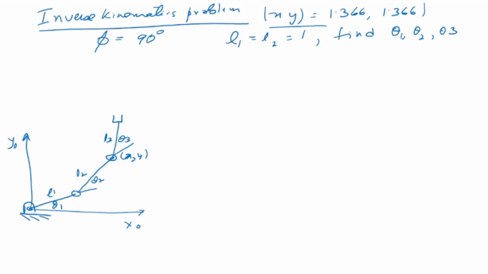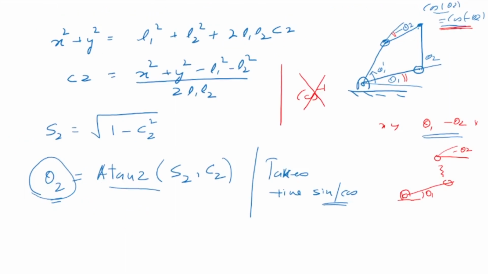As we have solved some time back, please refer to what we had just solved. We found cos theta 2 is equal to x squared plus y squared minus L1 squared minus L2 squared, divided by twice L1 L2. Then from there we convert to sine, then to a tan, and then we get theta 2. So I'll simply use the formula.